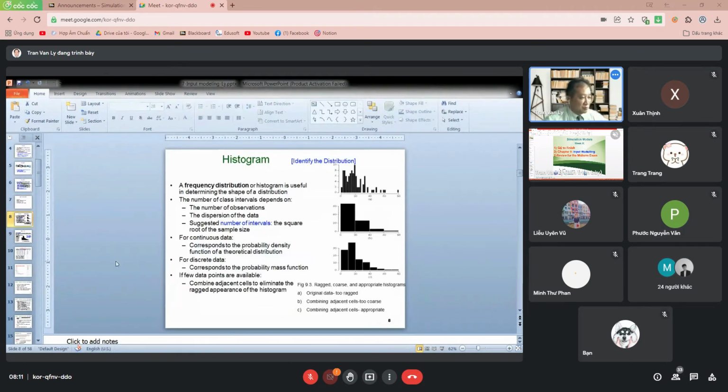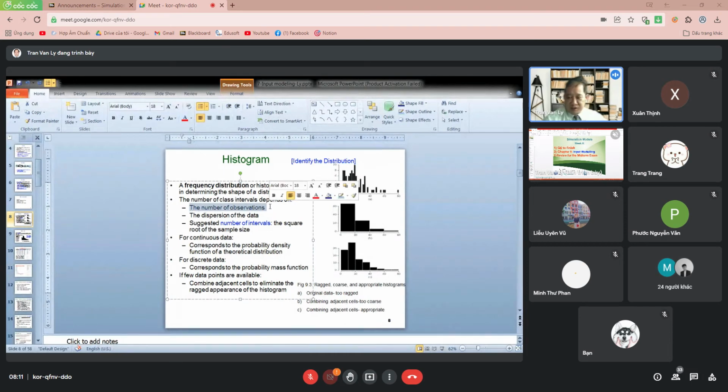Now, for the histogram, you can draw the chart like this. I think everyone is familiar with this one. You need to identify the number of observations, how many times you observe, in which frequency.